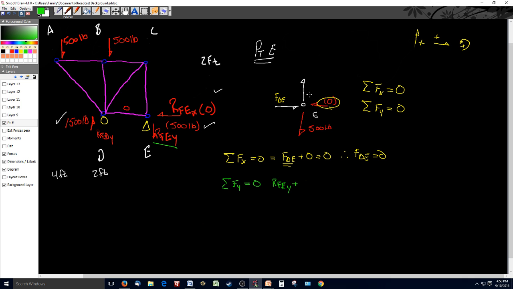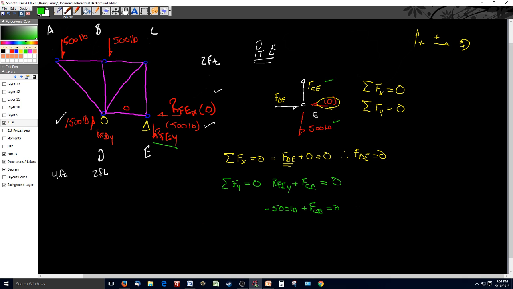I've got the force from C to E, so I'll draw that and label it FCE. Those are all the forces I have working in the y direction on my free body diagram. So we know the reactionary force at E in the y direction is minus 500 pounds, plus the force FCE has to equal 0.